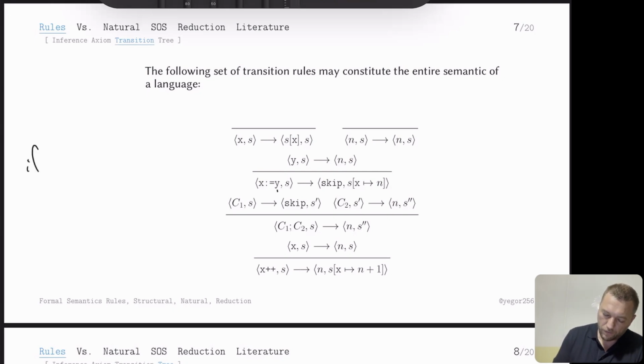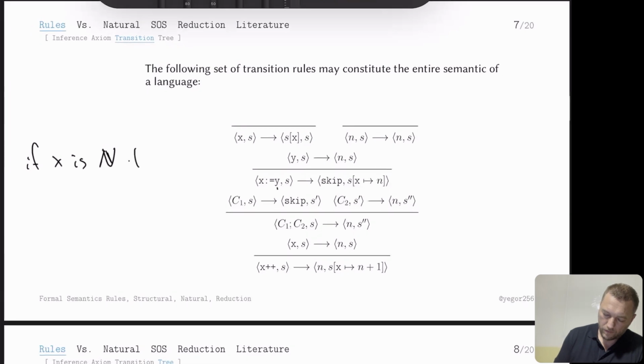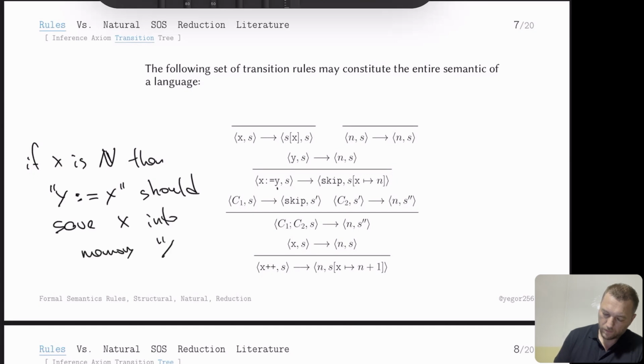You can say if x is number, then x should save x into memory.